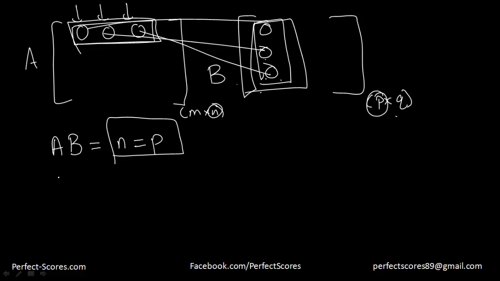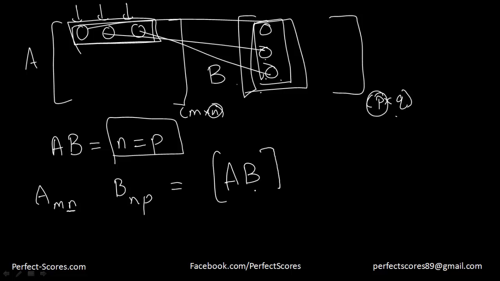So if I have a matrix A with an order of M into N, and I have matrix B with an order of, now we know that this N should actually be an N here, so another matrix with an order of N into P, then the matrix A into B will actually give us an order of M into P.